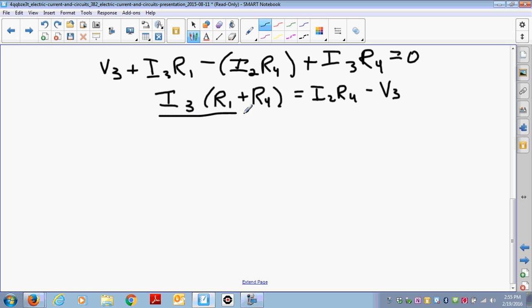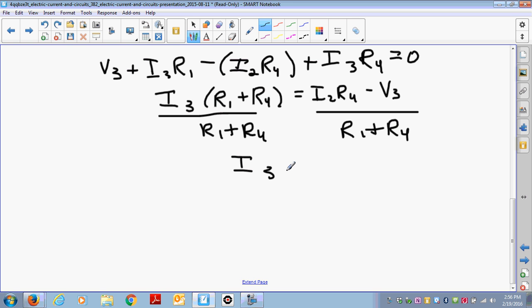So now I'm going to divide both sides by R1 plus R4. And I end up with I3 is equal to I2 R4 minus V3 divided by R1 plus R4. You'll have to excuse me, I am writing with a mouse.